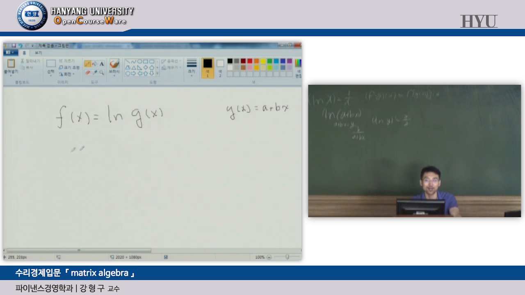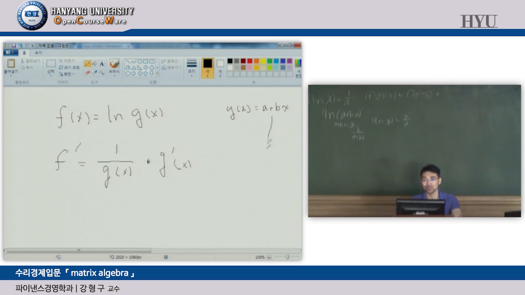So f prime, use the chain rule. First, you can regard this as one big variable. If you take the derivative of log, we know this becomes like this. It is the first part. And then the chain rule's second part, g prime of x.